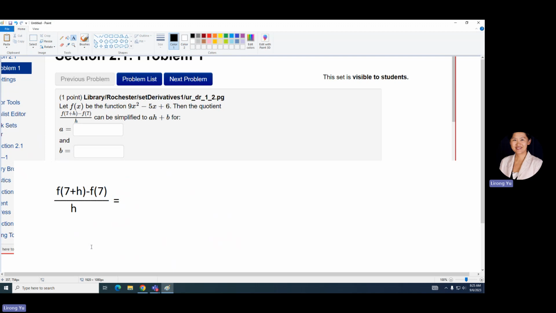So that's really the question here. We're trying to figure out what this is. We want to simplify it. Hopefully the numerator and denominator have a common factor so we can cancel the h.